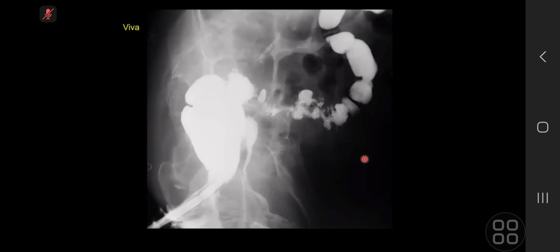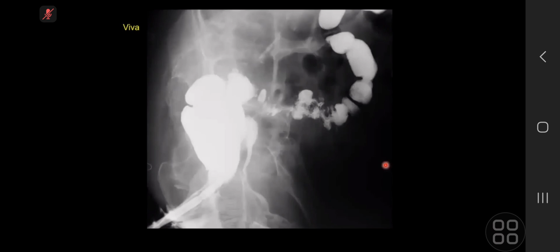So it's a barium enema, a spot film, which is demonstrating a stricture-like appearance of the sigmoid, with deep ulceration. And yeah, so there are some deep ulcers in the sigmoid.